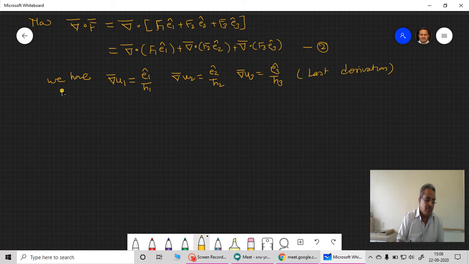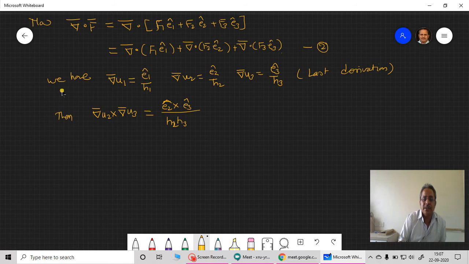And also we'll go for this calculation, grad u2 cross grad u3. This is the cross product of two vectors, vector 1, vector 2. If it is taken here, I can take this to be e2 cap cross e3 cap, the product of this and this, divided by h2 into h3.